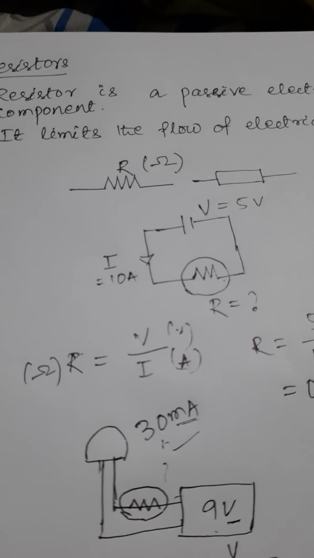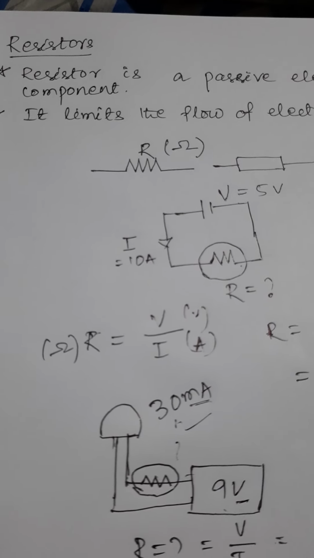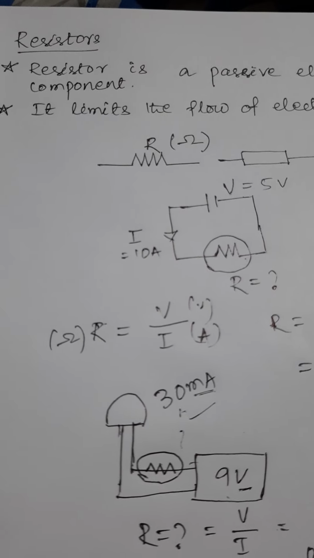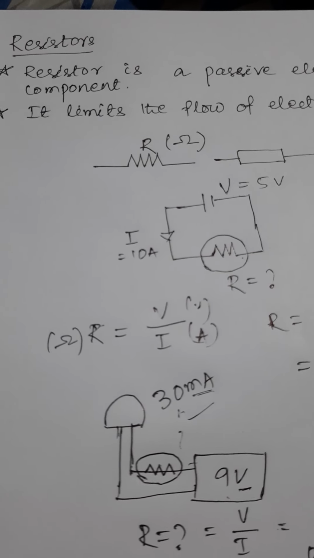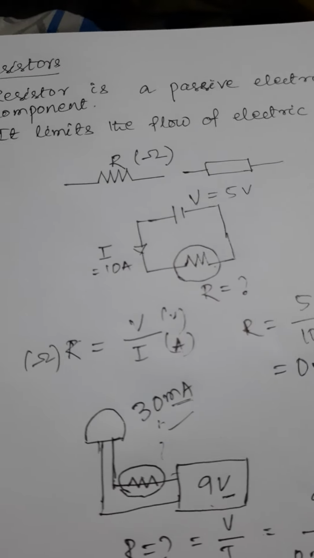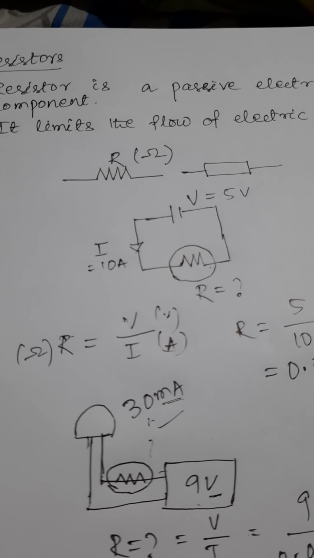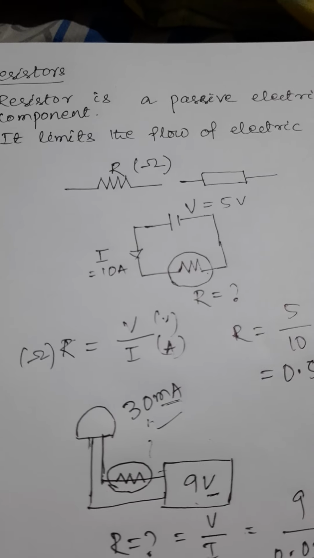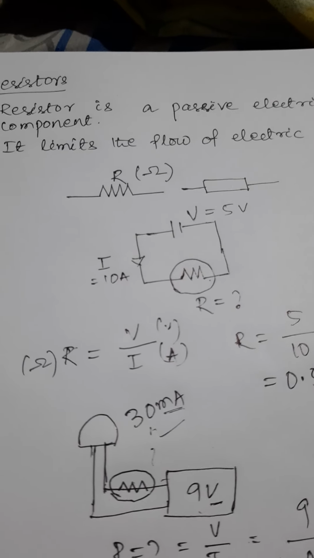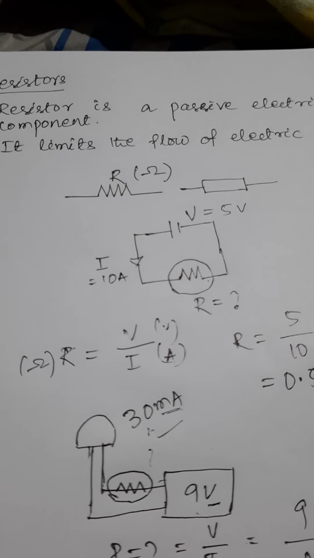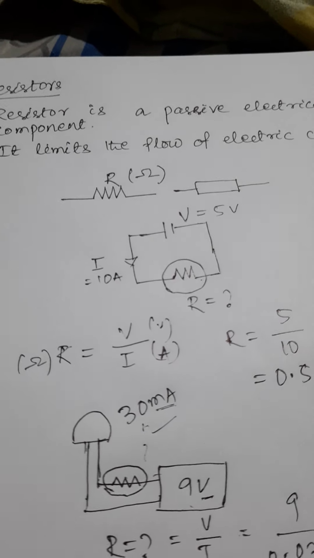So we will just quickly review this. The component for today is the resistor. A resistor is a passive electrical component. I will mention here that components are of two types: one is active components, one is passive components. In the upcoming videos, I will be discussing active components and passive components.